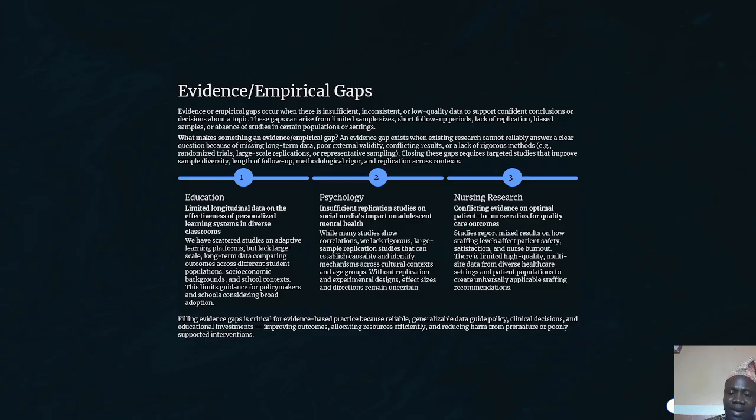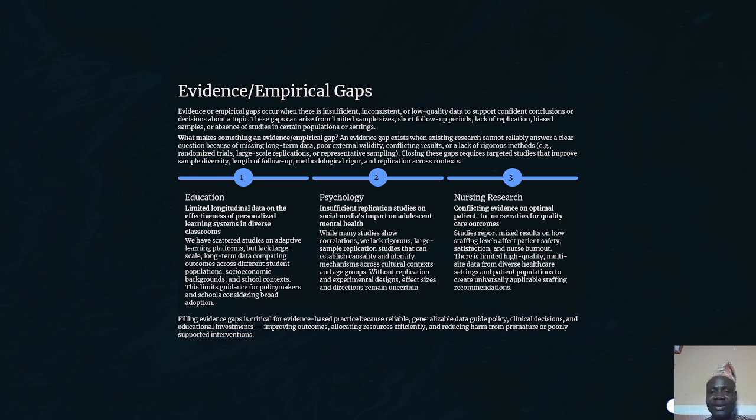Without replication and experimental design, effect sizes and directions remain uncertain. So you can see now that something is already going on, but we have not actually tested it in a particular way.